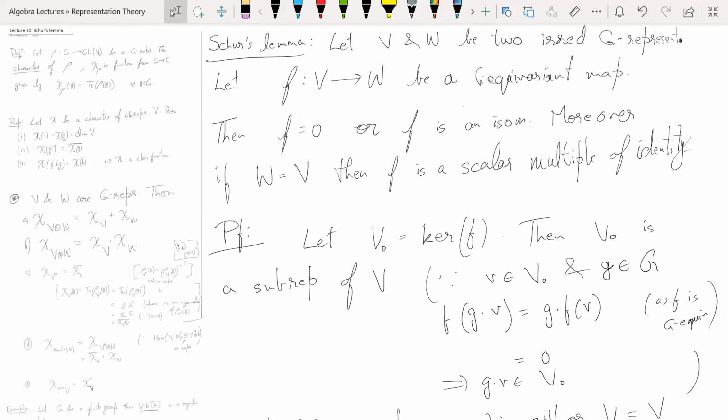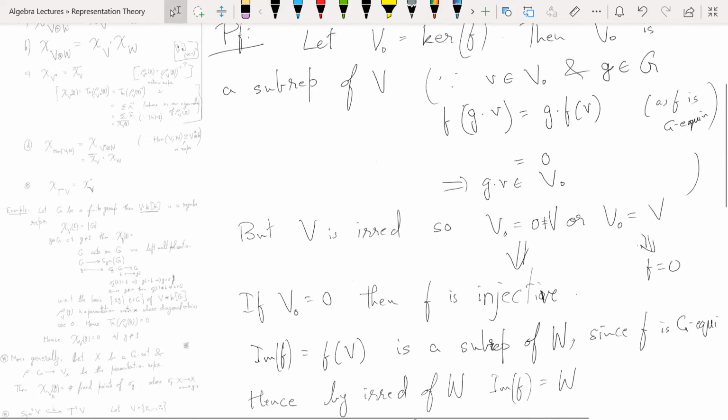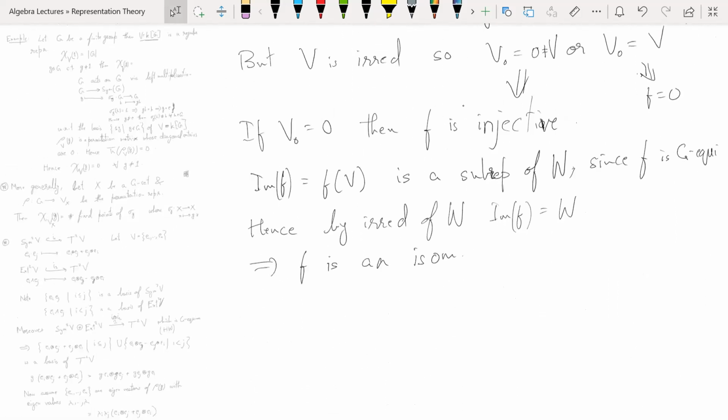The second part is: if W equals V, then we want to show that f is a scalar multiple.